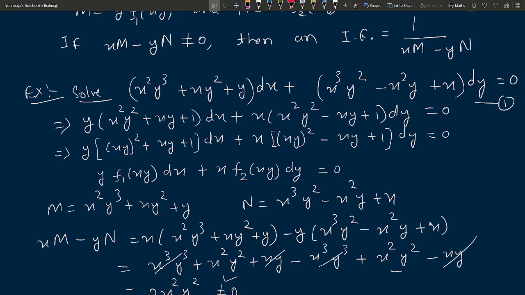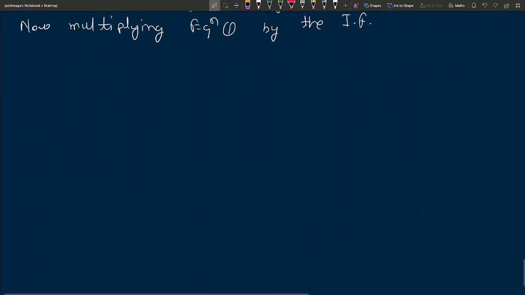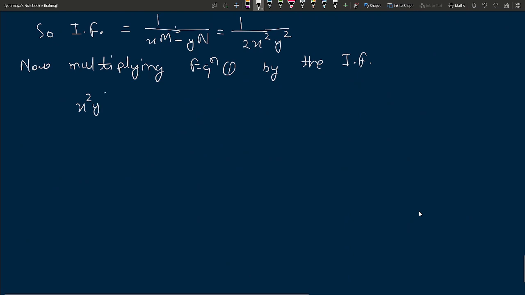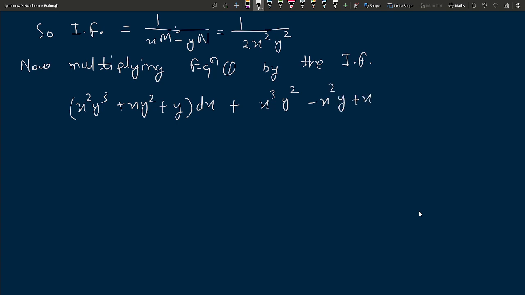Multiplying this by the integrating factor: x square y cube plus xy square plus y, into dx, plus x cube y square minus x square y plus x, whole into dy, multiplied by 1 by 2x square y square is equal to 0.